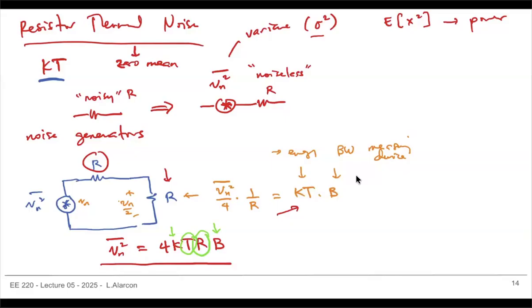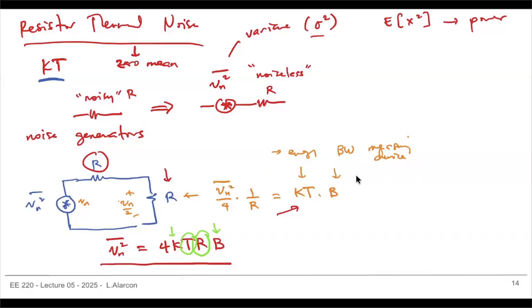Before we talk about the bandwidth, it gets us to a very interesting idea: if it's dependent on bandwidth, can I actually write out the spectrum for noise? Can I plot this with respect to frequency? And it turns out for resistors, for thermal noise, you can.